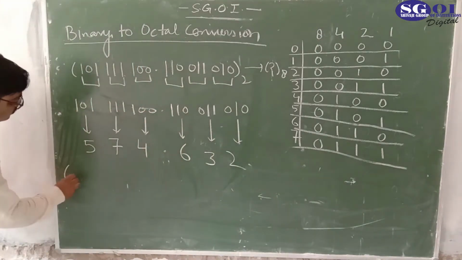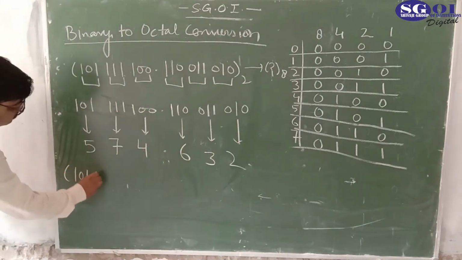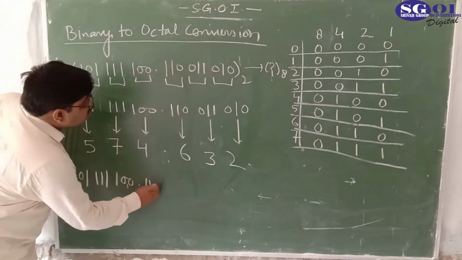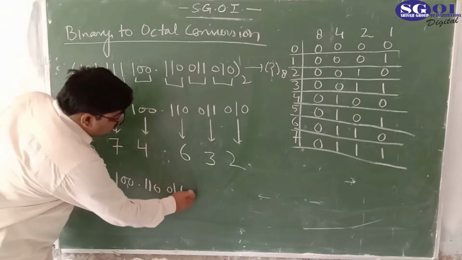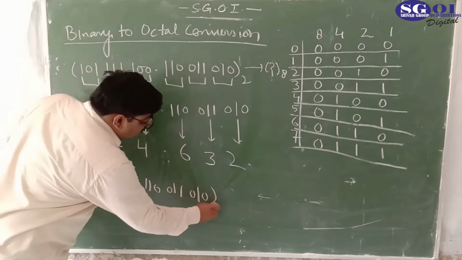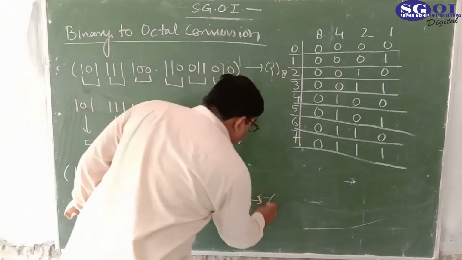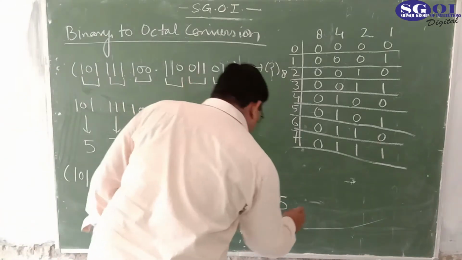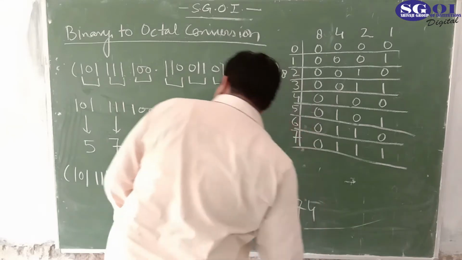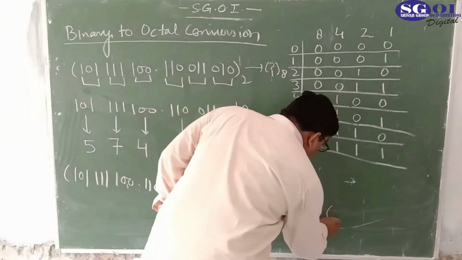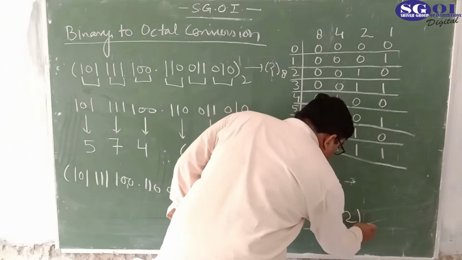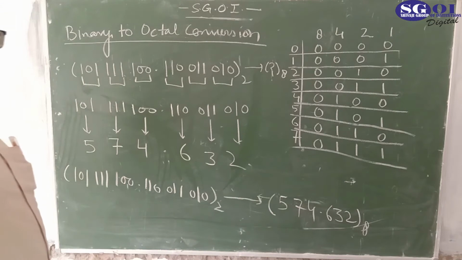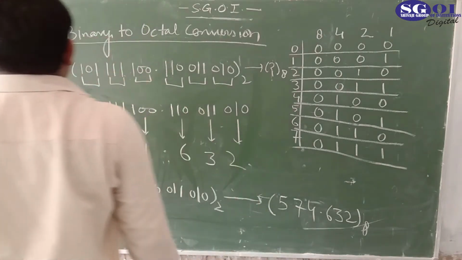So we convert this binary into its octal with the help of this table, and we finally get the result, that is 574.632 base 8. So this is the first example.